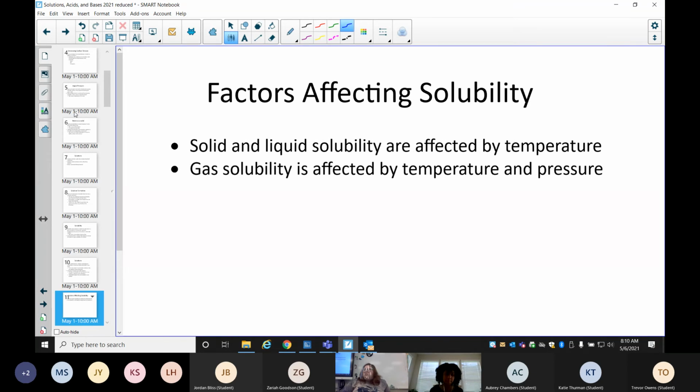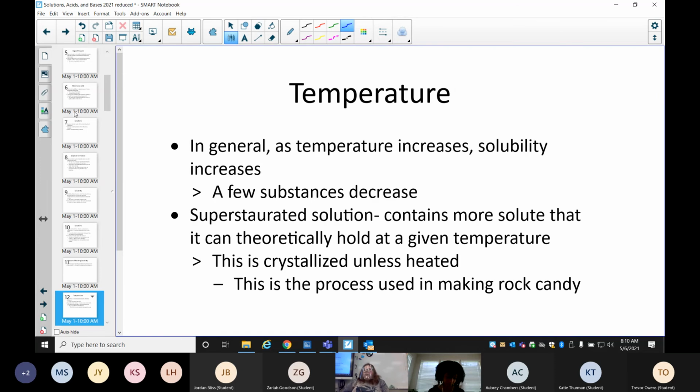In terms of factors affecting solubility, remember temperature is our big one. As temperature goes up, solubility goes up, with the exception of gases. Gases are affected by temperature and pressure. We can also heat something up to make a supersaturated solution, so we can make it dissolve more than it should be able to.